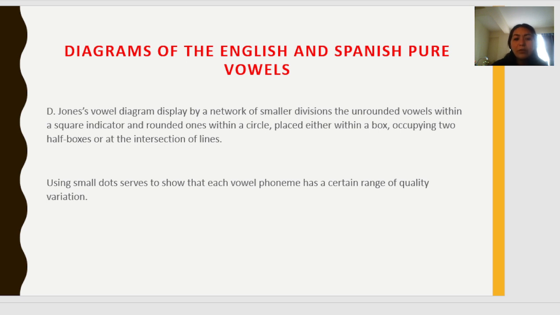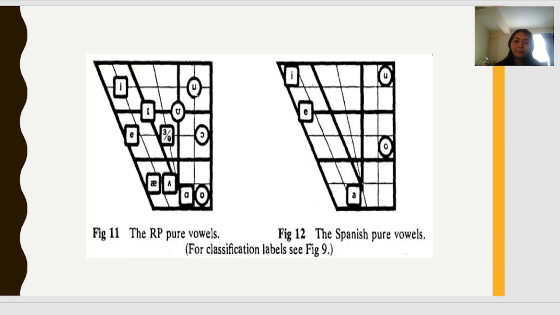Using small dots serves to show that each vowel phoneme has a certain range of quality variation. We have the classification of the RP pure vowels and the Spanish pure vowels.